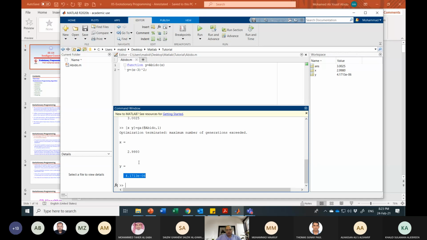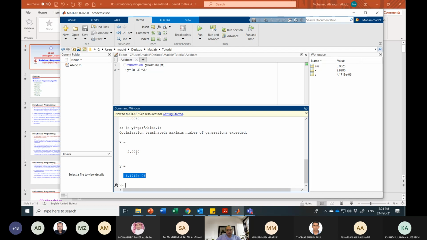Of course, the bounds here are open, or default values, which is from -10 to 10. This is the default. But if you want to limit the search, you can get from this that the promising solution is around 3.